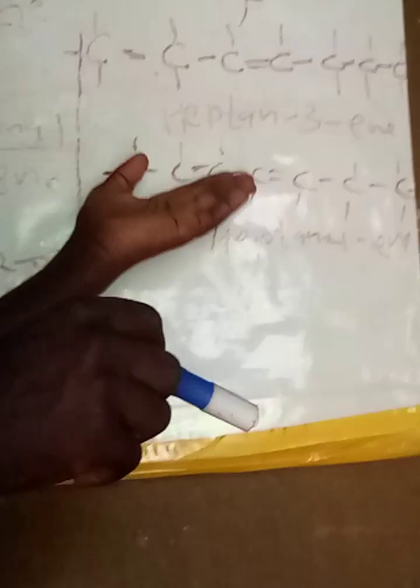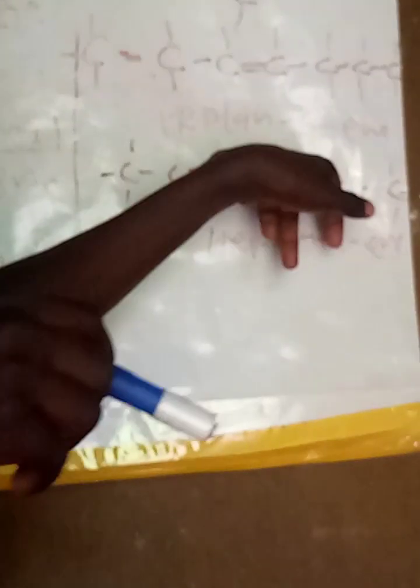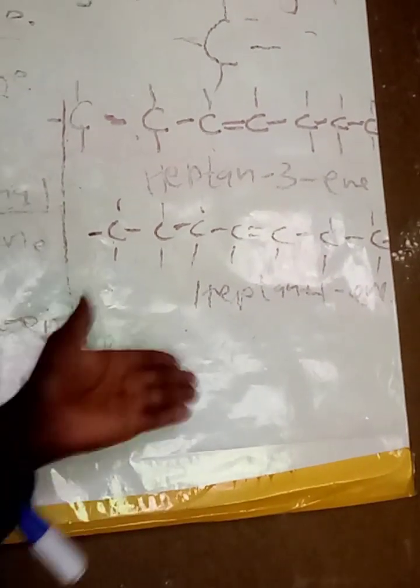You can also shift the double bond to carbon number 3, and you can also shift the double bond to carbon number 2, and therefore it will be hept-2-ene, and all those are now the positional isomers for that compound. That is what we call positional isomer.